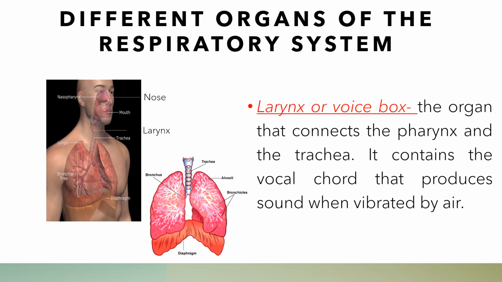As you say the letters, I just want you to notice that there are vibrations as you produce those sounds. That is where your larynx or voice box is located. It is just right after your pharynx and before your trachea, in the middle of your pharynx and your trachea.